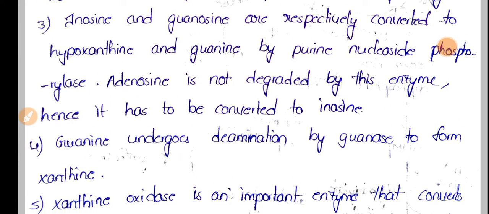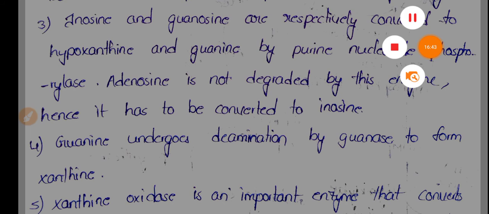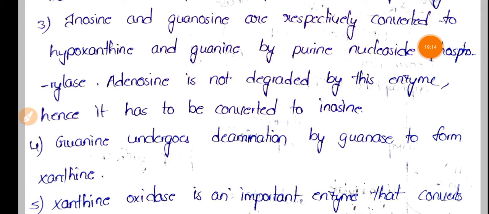Inosine and guanosine are respectively converted into hypoxanthine and guanine by the enzyme purine nucleoside phosphorylase.